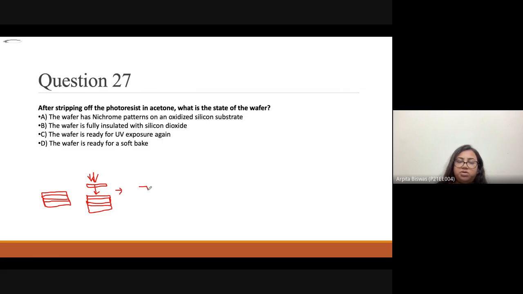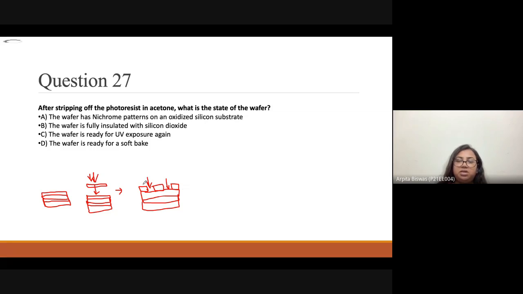The portion we don't want, the positive photoresist there will be removed. Below it there is a metal layer, and below that there is an oxide layer, and there is a silicon wafer. Now if we go for the etching process, this portion, which is not covered by the photoresist, will etch out.